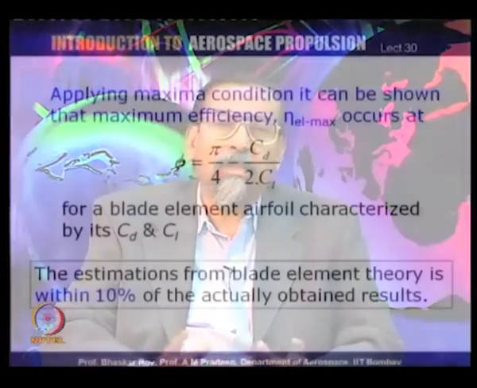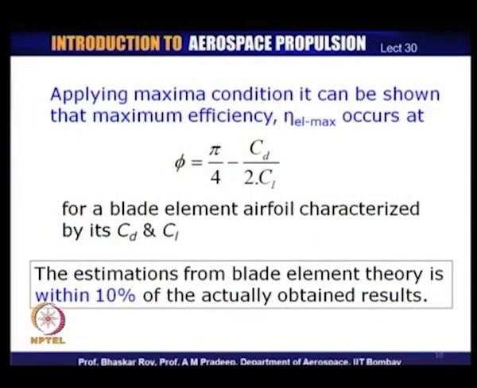It allows us to design the propeller and predict the propeller performance with reasonable accuracy. And if we do that, we can create a propeller which can then be deployed in aircraft flight. So, these are some of the simple things that can be derived out of the elemental propeller efficiency and the thrust and the torque that we can calculate.